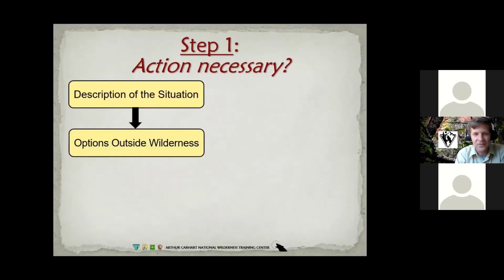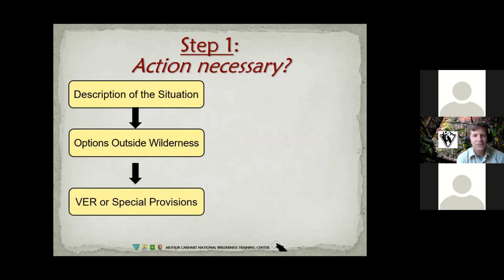So when we talk about the description, the next thing that it'll ask us for in the MRDG is, are there options outside of wilderness? Next button. And guess what? If there's options outside of wilderness, we're done. But it's not quite that easy. So next slide.